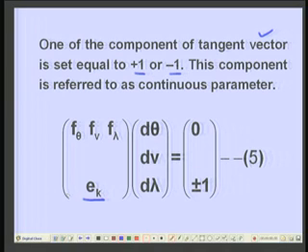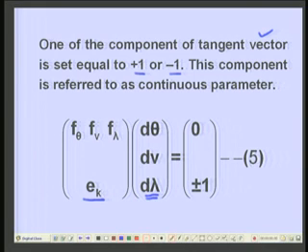So when you multiply this, you will find that d lambda comes out equal to plus 1. That is, we make E_k in such a fashion that one of the elements of the tangent vector, d lambda, equals 1.